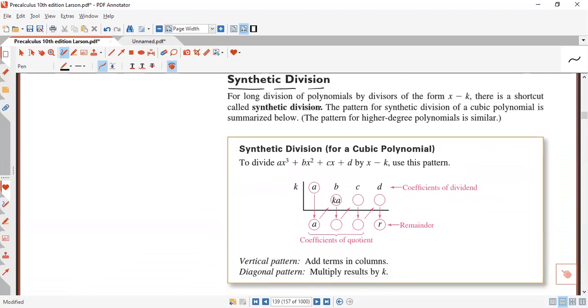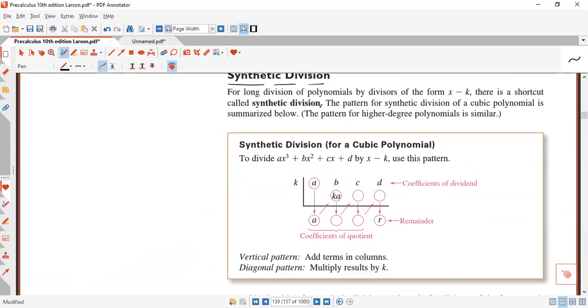We are not going into detail, but I'm telling you how you can divide with another method that is so simple, so easy and less time consuming, because here we are dealing with only coefficients.